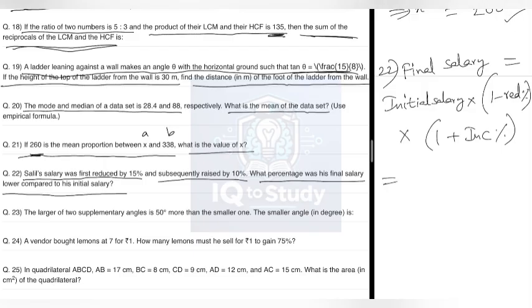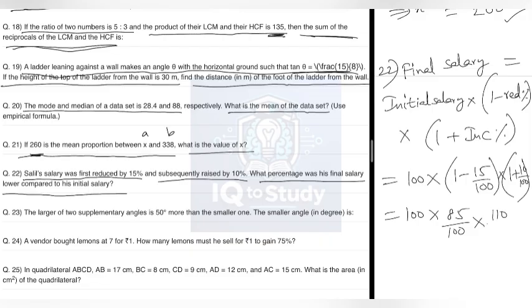So that is equal to 100 into (1 − 15/100) into (1 + 10/100), where 100 is the initial salary that we assumed. 100 into 85/100 into 110/100, that is equal to 93.5, which is the final salary.